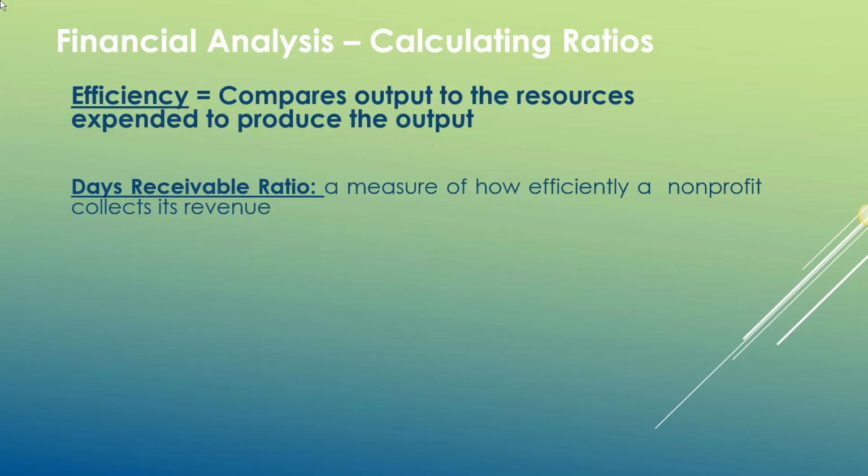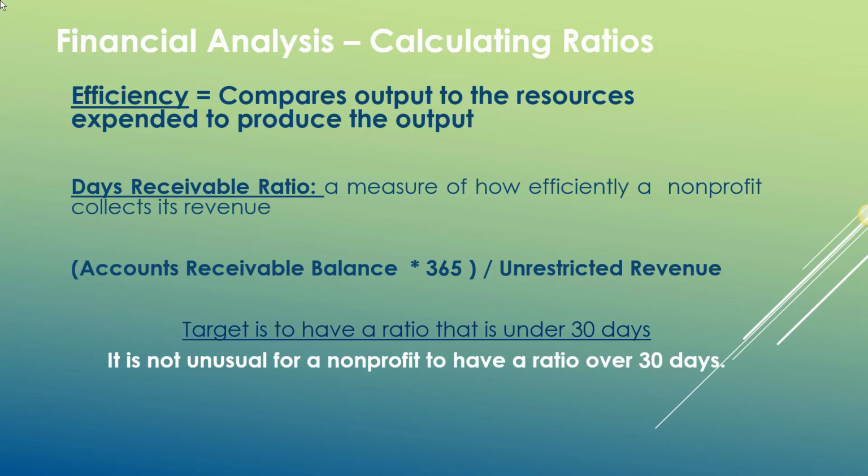Next, we're going to look at efficiency. So this particular ratio is a days receivable ratio, and it takes your accounts receivable balance and divides it by your unrestricted revenue. And the target is for that ratio to be under 30 days.